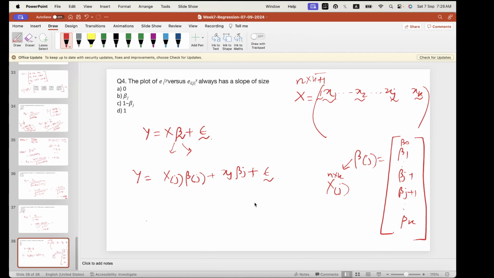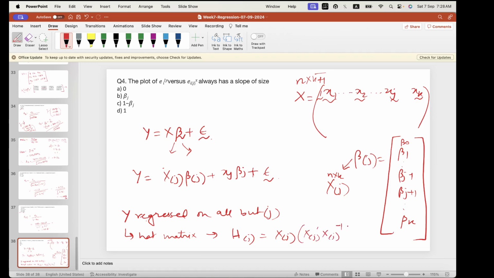Now if I consider only this part, and I consider the regression of y on all but j, then the corresponding hat matrix for this regression will be Hj, and that will be X_j into X_j prime X_j inverse into X_j prime.